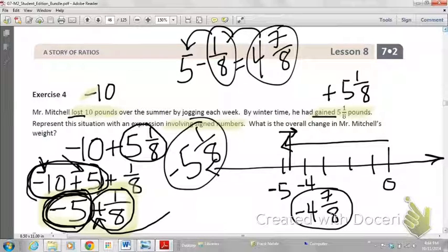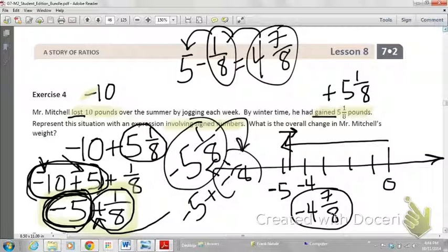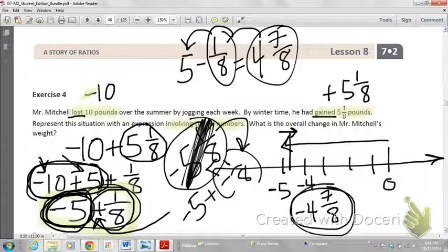But what they've done is they haven't added a 1/8, they've actually subtracted the 1/8, because what this would look like is negative 5 plus negative 1/8. That does not look like this here. So this is the wrong answer. This is the right answer.